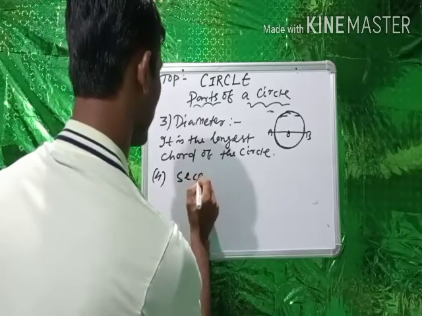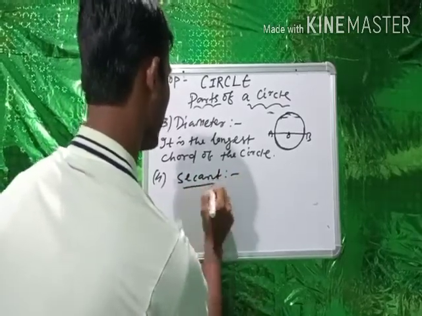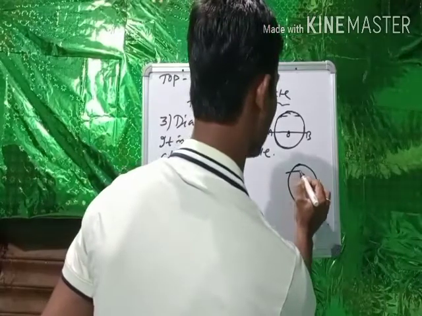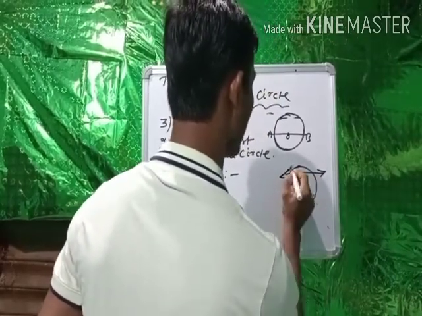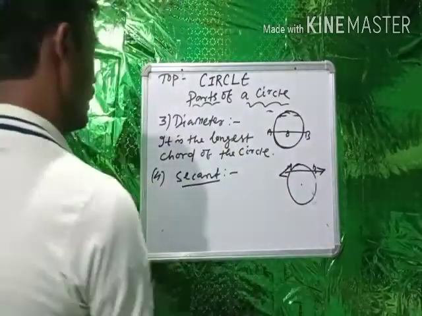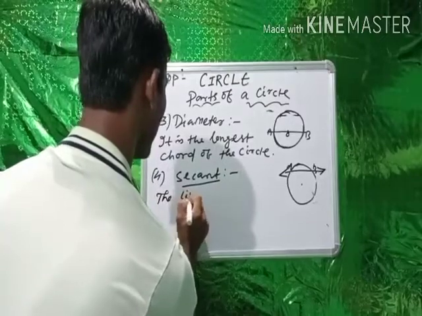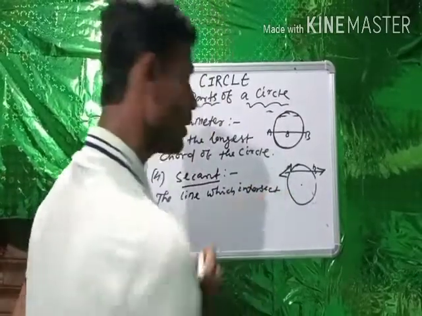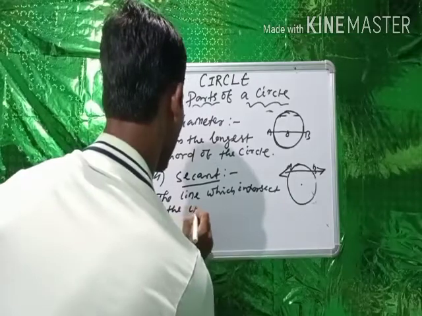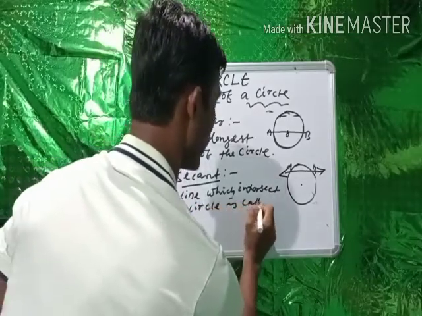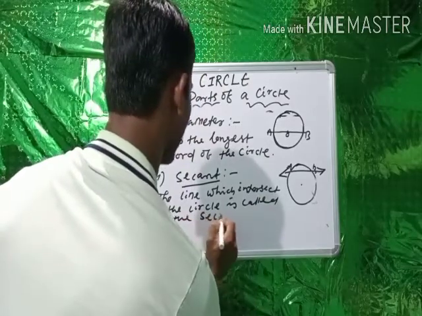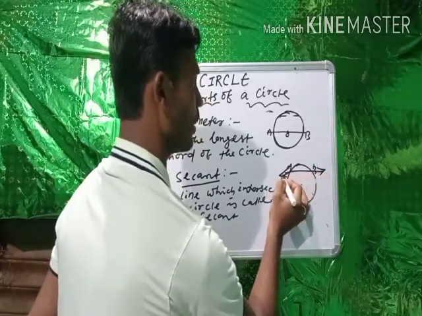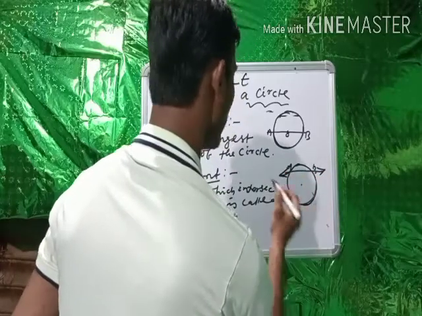Now let's move to the fourth point, which is the secant. Just look at the diagram. The line which intersects the circle is called the secant. You just look at A and B as points, and AB is a line that passes through the circle, and it also intersects.